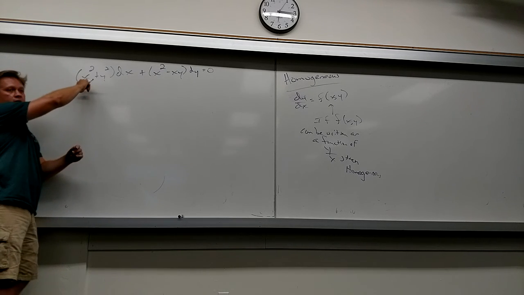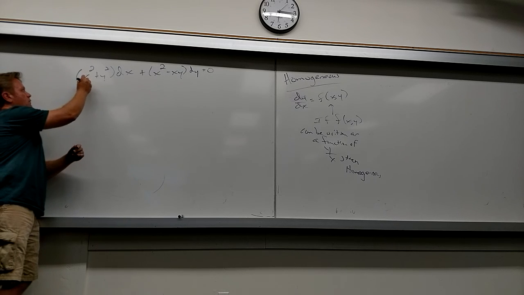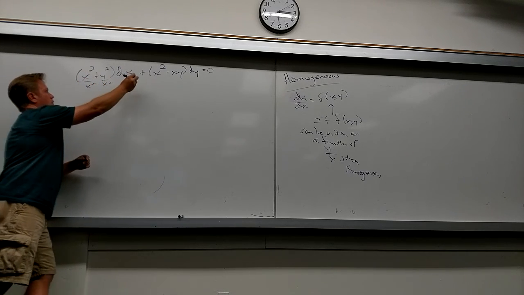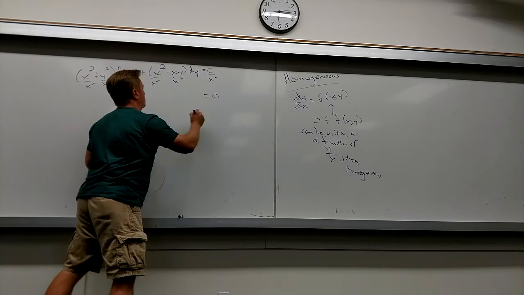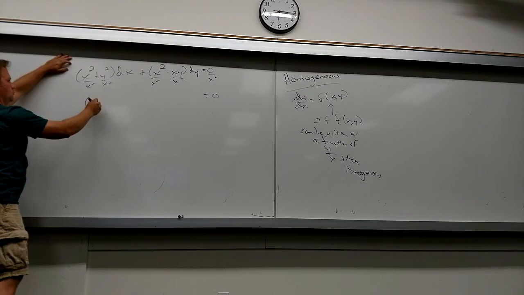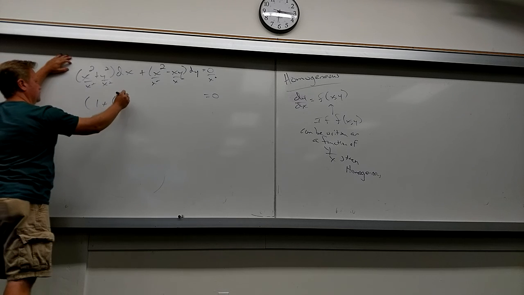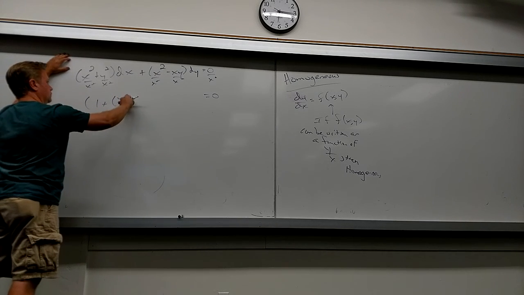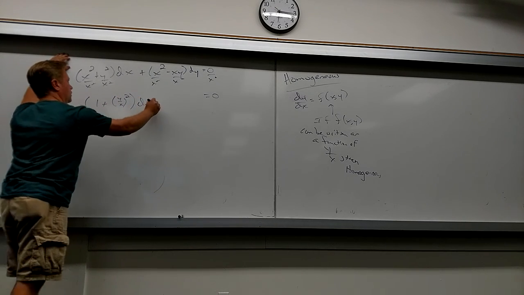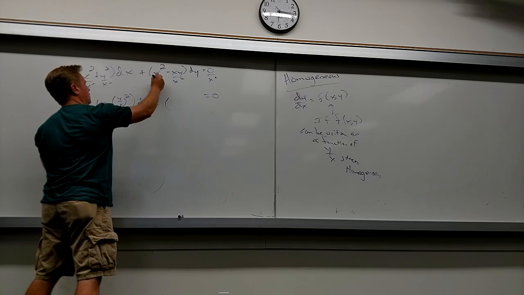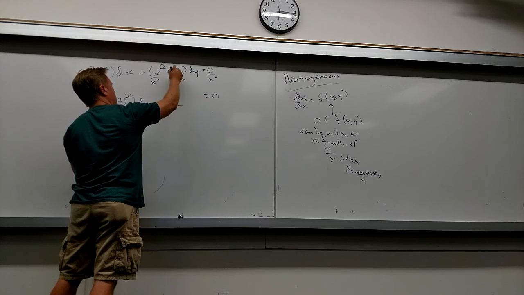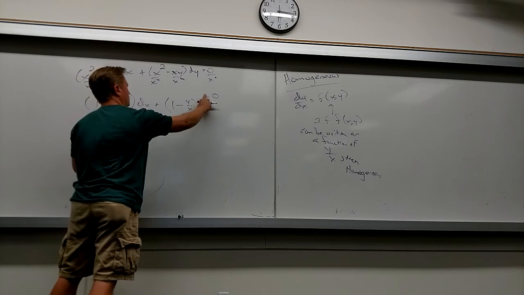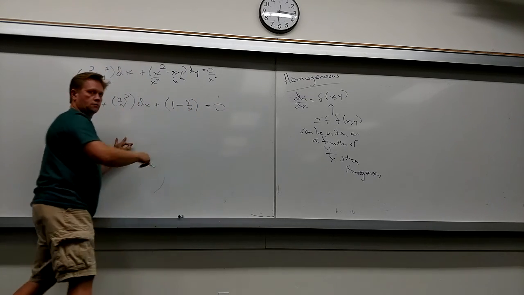All right, so if I divide everything by x squared on both sides, I'll get 1 plus y over x, squared, plus 1 minus, one of these x's cancels, y over x equals 0.